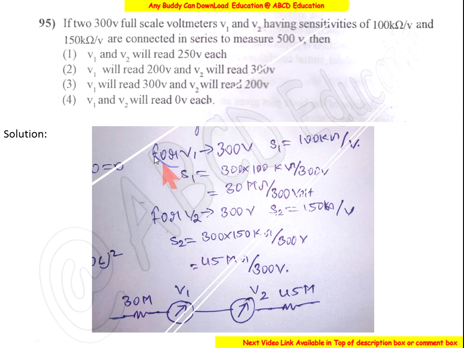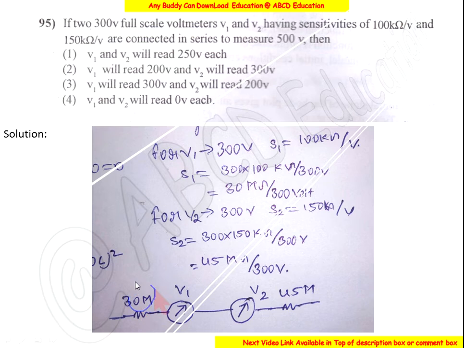We know that for the V1 voltmeter, this is the 300 volt full scale, then the sensitivity is this. Then for 300 volt, this is the internal resistance. For V2, 300 volt, this is the internal resistance of this meter.